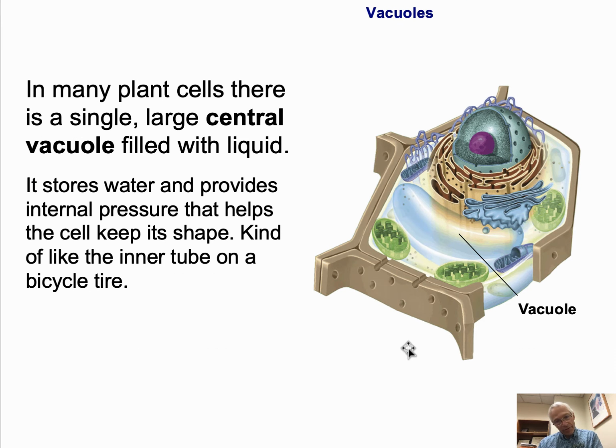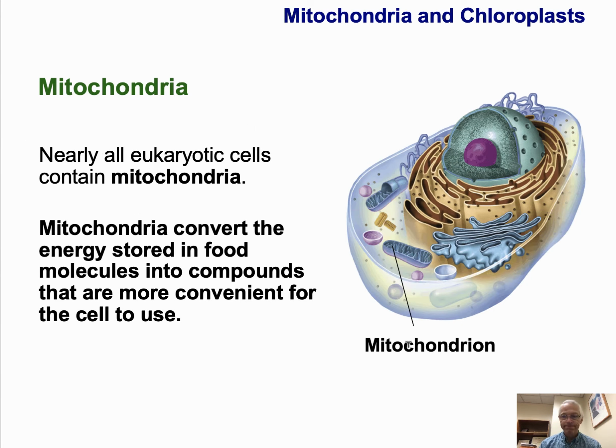There's that large central vacuole that I mentioned before for plant cells. Mitochondria are really important, and we'll talk a little bit more about them later when we learn about cellular respiration, but these are the places where food molecules are broken down, and the energy from those food molecules is converted into a type of chemical energy that is more useful for the cell.